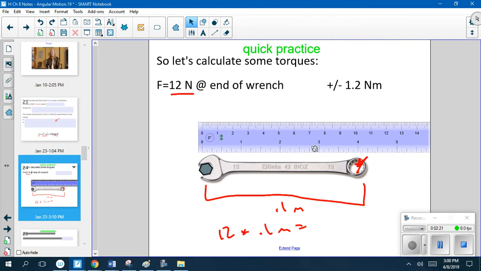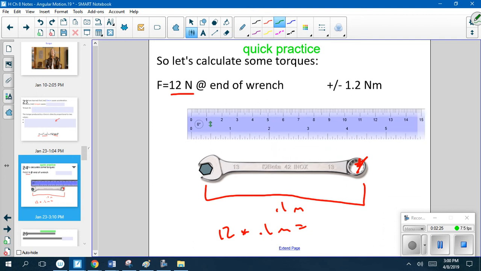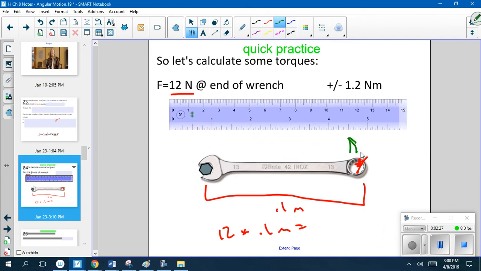And it's plus or minus, because I can rotate this way or this way. So we think about our right hand rule. Take your right hand, put your thumb on the bolt itself, and you can rotate clockwise, which is going inwards, righty-tighty.